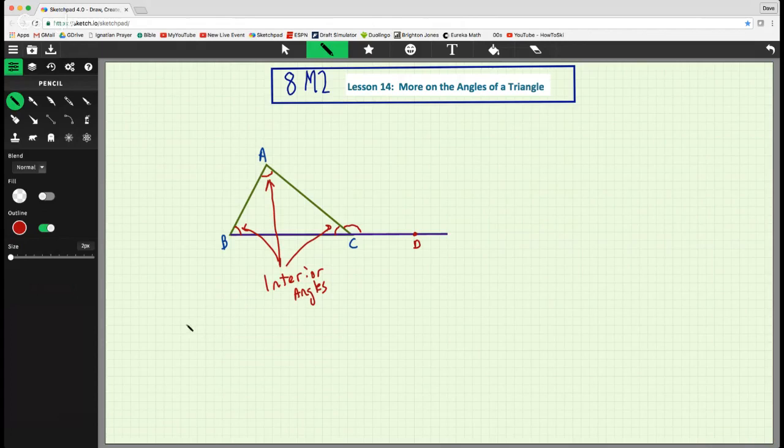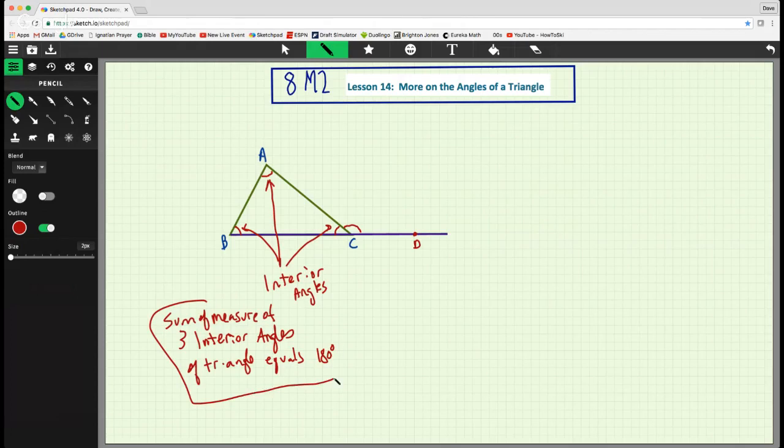And the rule is that the sum of the measure of the three interior angles of a triangle equals 180 degrees. So that's what we learned. And in fact, we proved that in prior lessons.